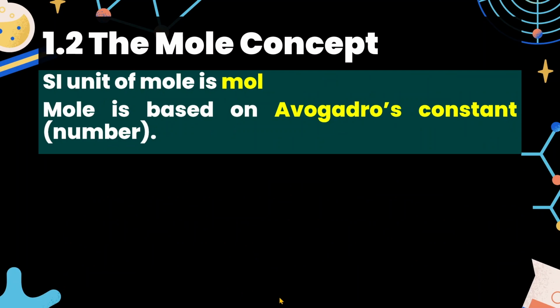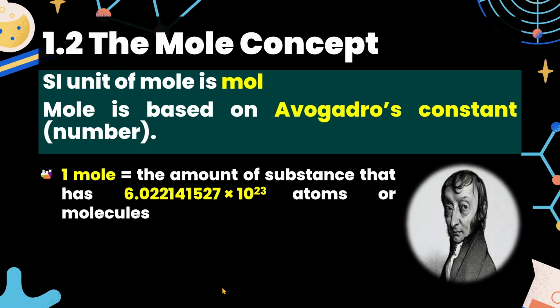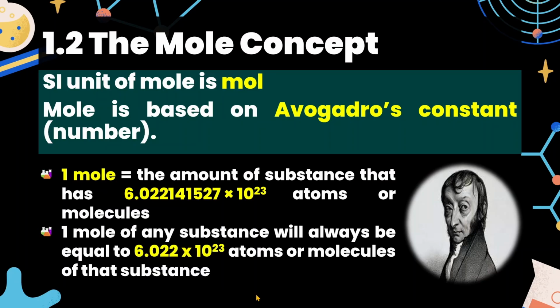The SI unit for mole is simply mole, without the E: MOL. Mole is based on Avogadro's constant, or we also call this Avogadro's number. 1 mole is equivalent to the amount of substance that has 6.0221 times 10 raised to 23 atoms or molecules. 1 mole of any substance will always be equal to that number, simplified to 6.022 times 10 raised to 23 atoms or molecules of that substance.